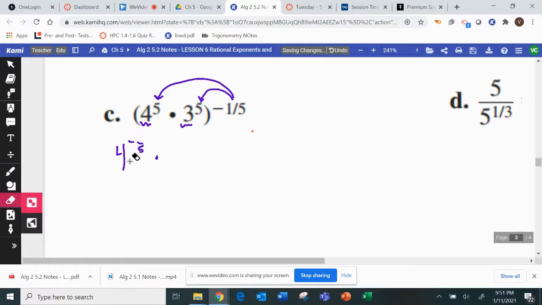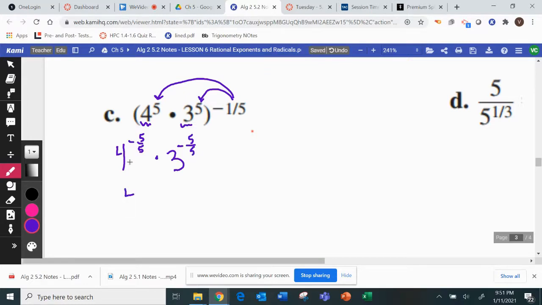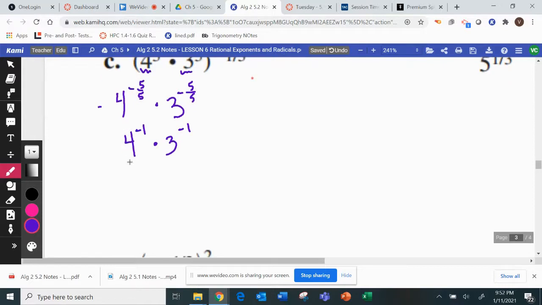One moment. 5/5 multiplied by 3 to the negative 5/5. So now I'm going to simplify, and I get 4 to the negative 1 multiplied by 3 to the negative 1. Now, if they're both negative 1, then we're going to write it as 1 over 4 multiplied by 1 over 3, just 1 over 12.